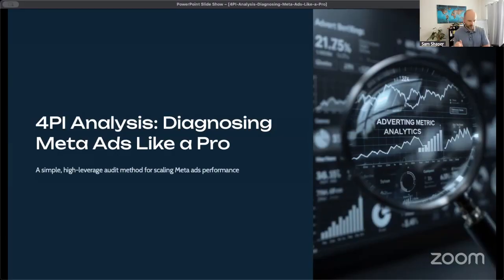So this is called a 4PI analysis, 4 performance indicators, that help you understand what role your Meta ads or your creatives are serving inside your campaigns. Most people just look at cost per lead as the benchmark, and if it's high, they turn it off. If it's low, they keep it on, and they don't really understand what impact that actual ad or creative is having on their business as a whole.